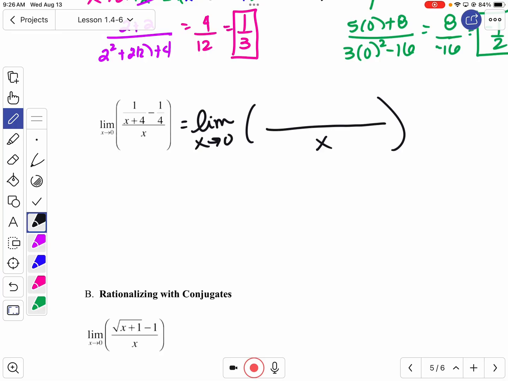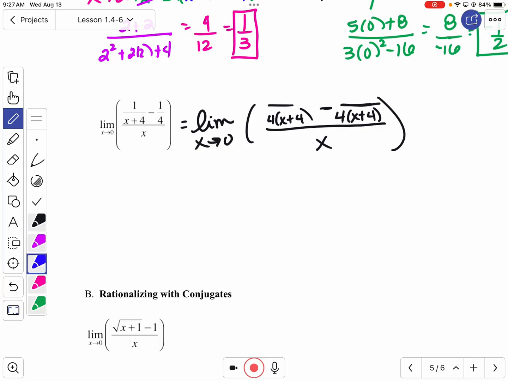But what is an issue is that I have two fractions on the top, which means I need a common denominator. That common denominator is going to be the product of both the denominators I already have, so 4 times x plus 4. Let's take a look at each fraction.